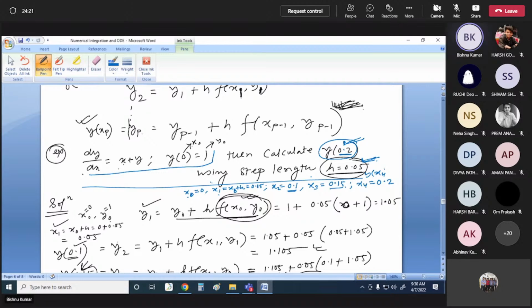Using the initial condition x0, y0, you will get y1. After getting y1, using x1, y1, you have to calculate y2. After getting y2, using x2, y2, you calculate y3. After getting y3, using x3, y3, you calculate y4. y4 is the answer. Is it clear?